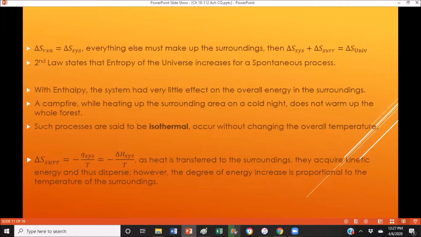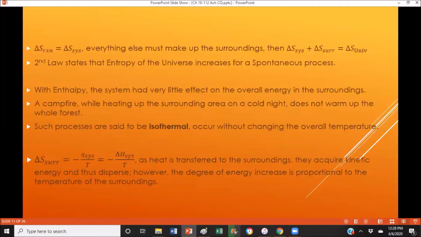And remember, the second law states that the entropy of the universe will always increase for a spontaneous process. So even if the entropy of the system has gone down, if the entropy of the surroundings has gone up by a larger amount, we see a total increase in the entropy of the universe.